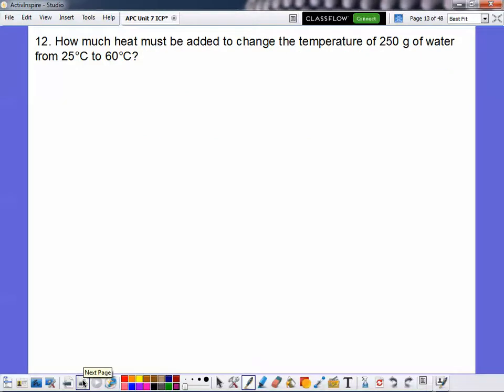All right. So the second way to calculate enthalpy is calorimetry. We just went over how to do stoichiometry. Now this is calorimetry. The formula for calorimetry is Q equals mcΔT.